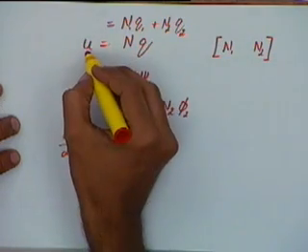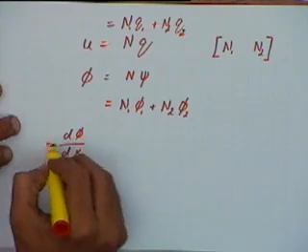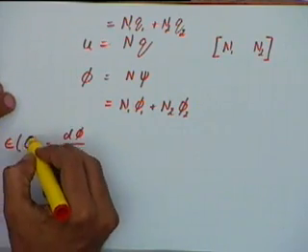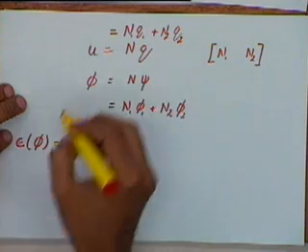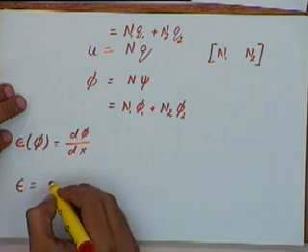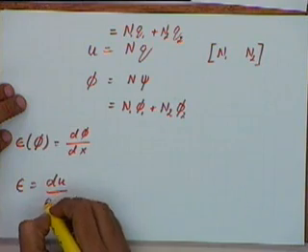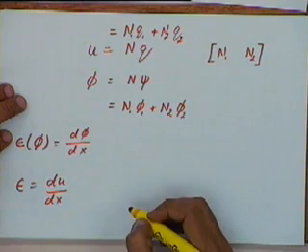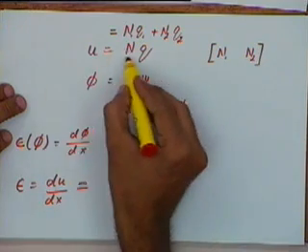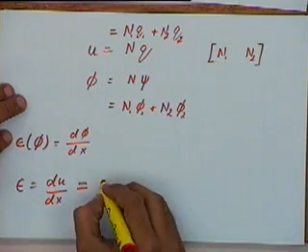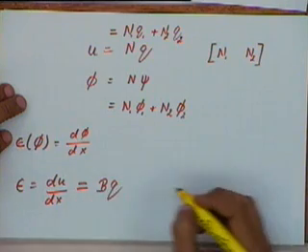If you look at the actual strain, this I am saying is epsilon of phi. The actual strain, epsilon, is equal to du by dx, and this we had derived last time. If I differentiate this equation, this will be equal to b times q.